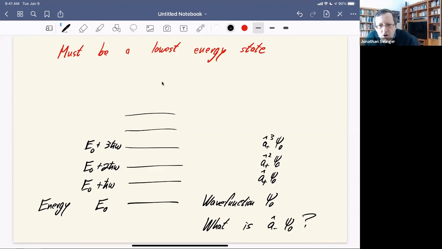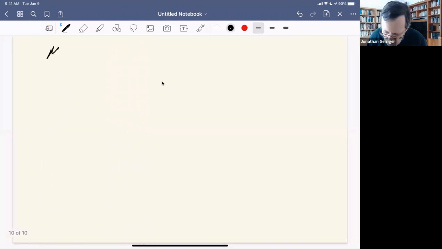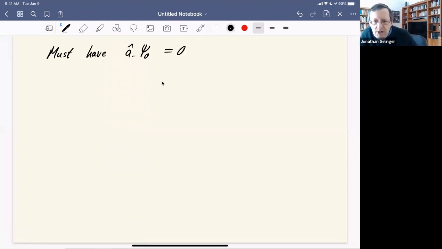So the only way to resolve this discrepancy is if A minus acting on psi zero is just zero. So we must have A minus acting on psi zero equal to zero.